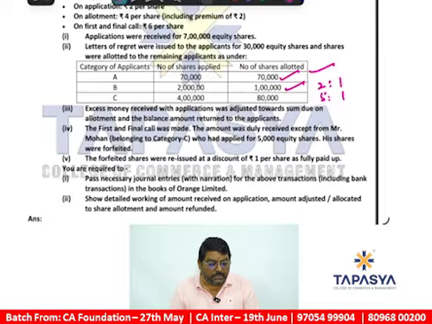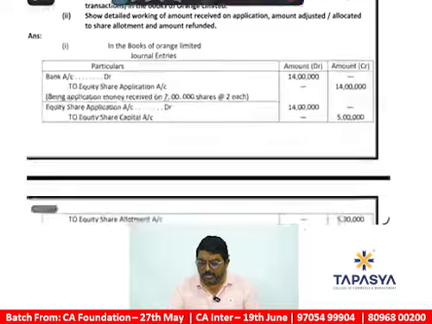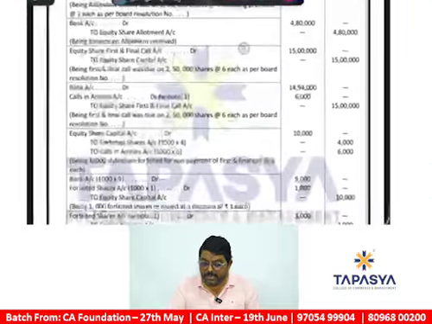You are required to pass the necessary journal entries with a narration for the above transactions including bank transactions in the books of Orange Limited. Journal entries only required here. And also he is asking for detailed working notes, with application, allotment and refund, everything. The same kind of sum you can see in your ICA material.